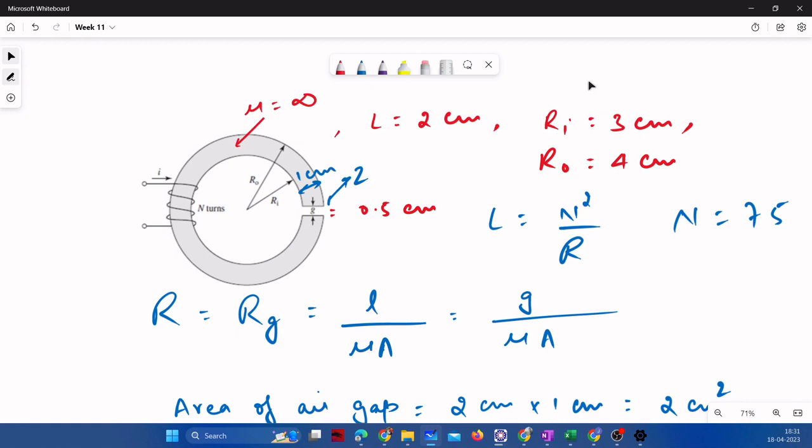In this kind of toroidal core, compared to a rectangular core, there will be a difference in window area, how much window area you can have. So if we take some problems on window area of a toroidal core along with a certain C core, we will see where you are getting more area. Because ultimately, how many turns you can provide is limited by this area, right?